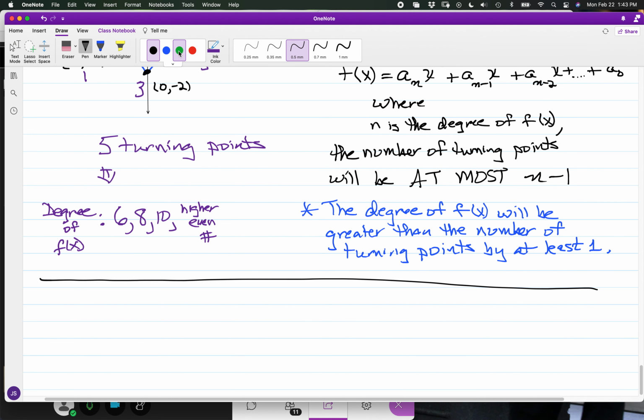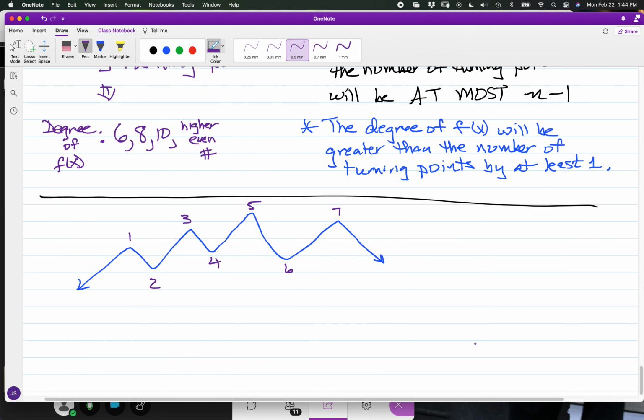Say we have, just counting up all the relative minima and maxima, in this case 7 turning points.